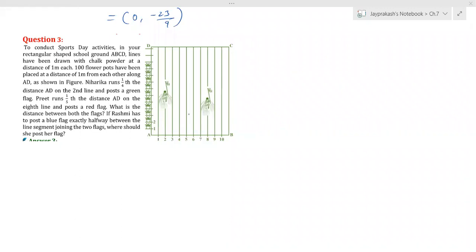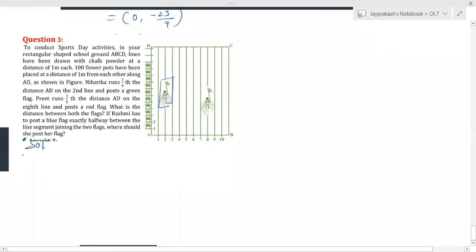So position for the first person. इसके position की बात करें, then first person is standing on the point, Niharika. Okay, first one is Niharika.